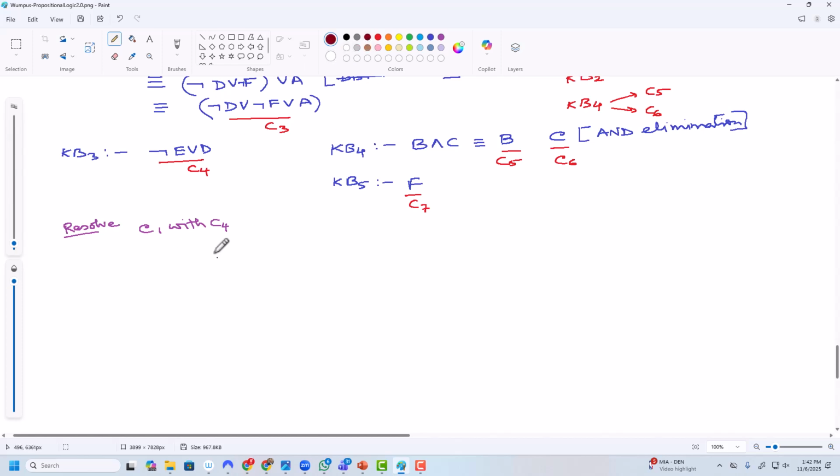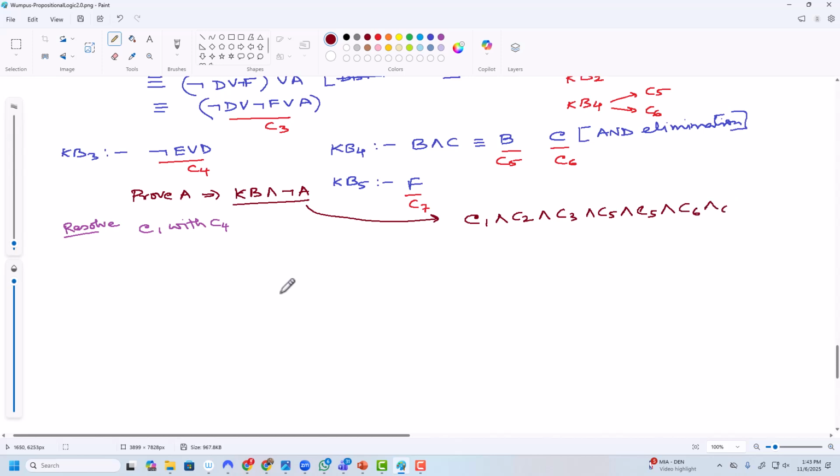So we have to AND the knowledge base with not A. Now we have all the 7 clauses: C1 and C2 and C3 and C4 and C5 and C6 and C7 and not A, which we call C8.